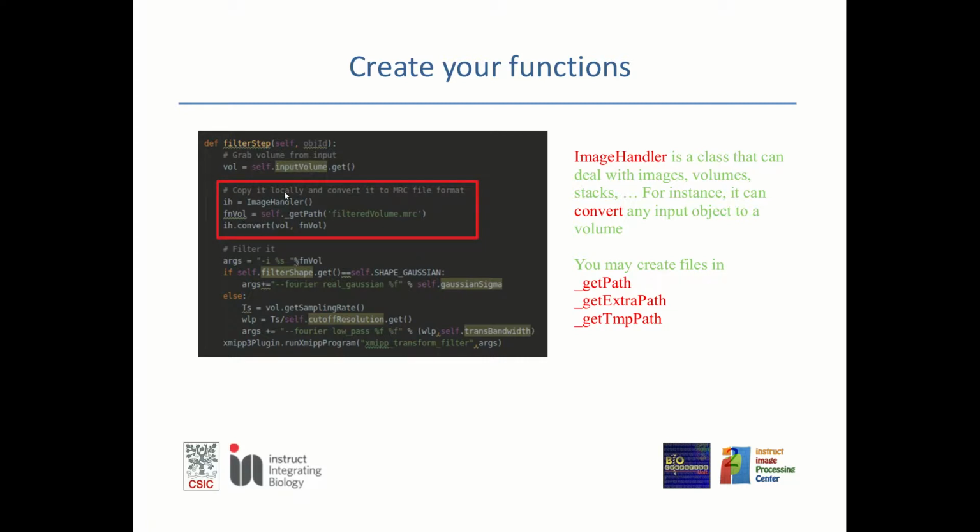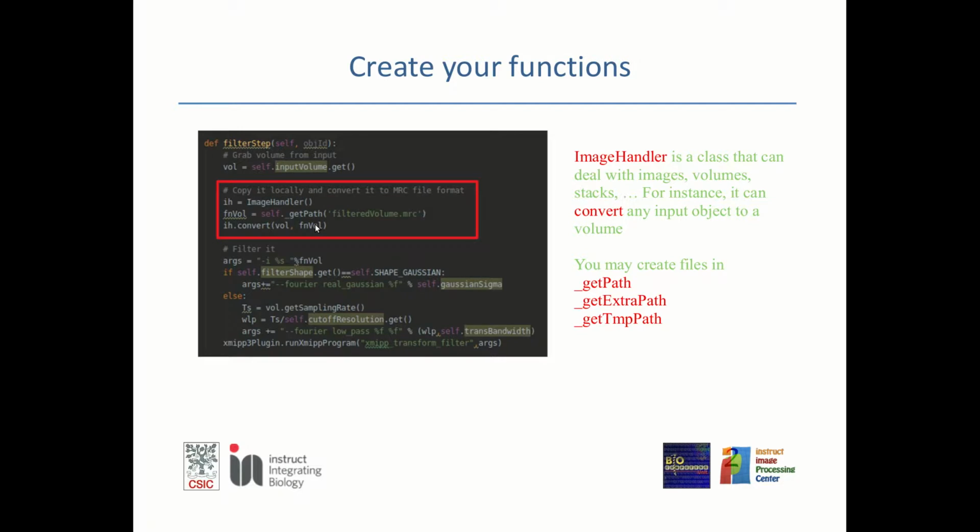You have a class that is called image handler. This image handler is the class that knows how to deal with images, volumes, stacks, and how to make conversions from objects to files and so on. So you define an instance of the image handler, and then you define where you want to write the file, and we will talk about this in a moment. And then you convert this object, that is a Scipion volume, onto this file.